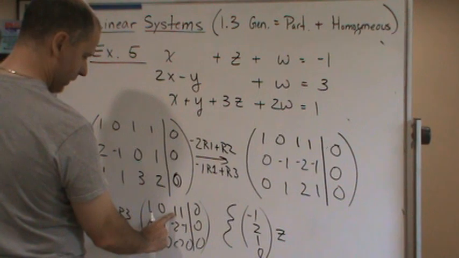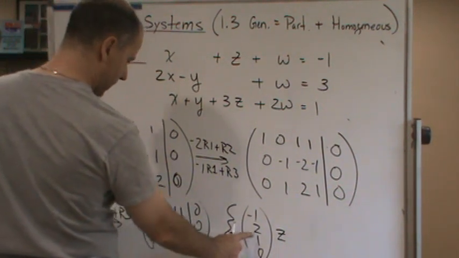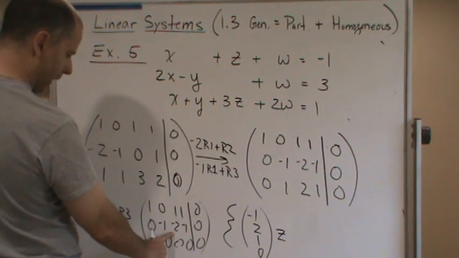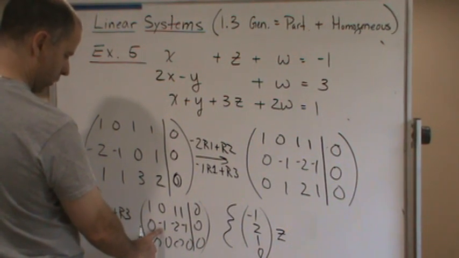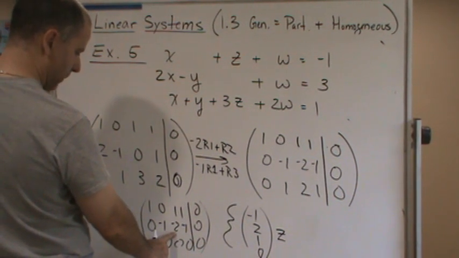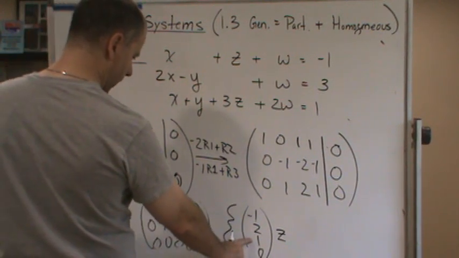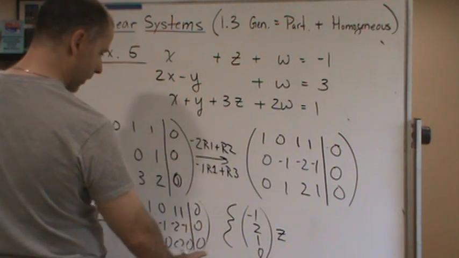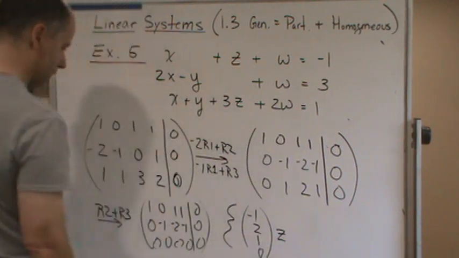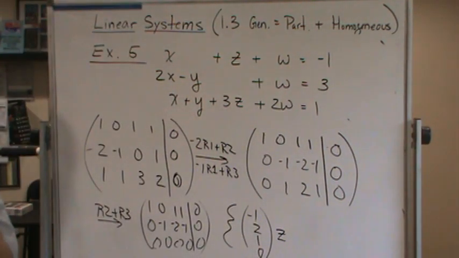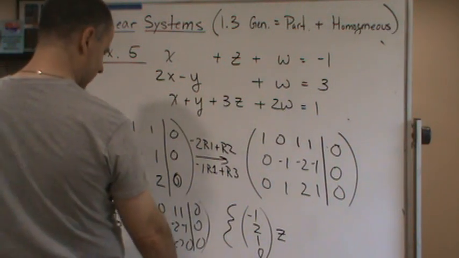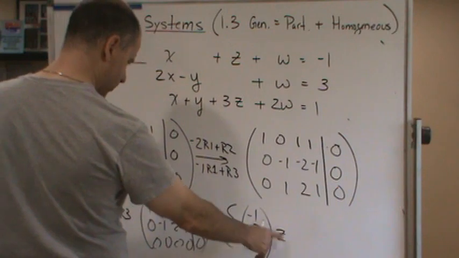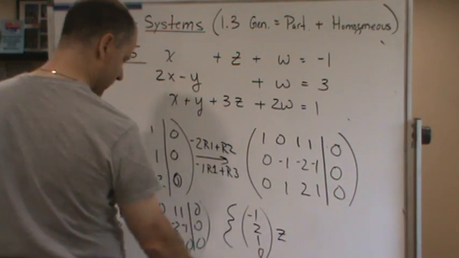Then we're going to have +2 right here for Y. And for Z, it's going to be 1 because Z is equal to Z, because it's free. And of course there's no W in this, because we're dealing with Z, so that's going to be 0.